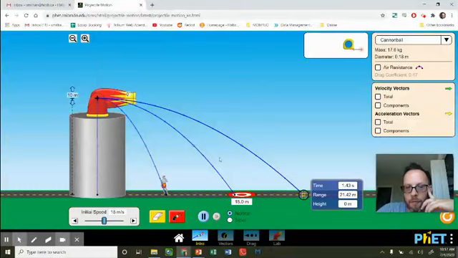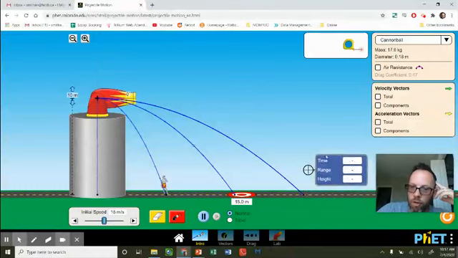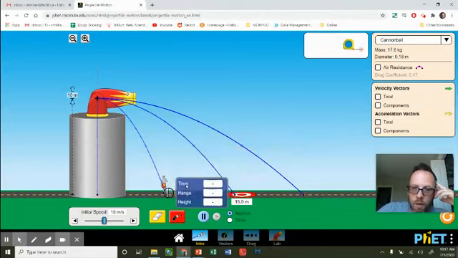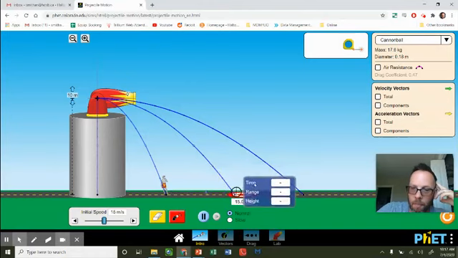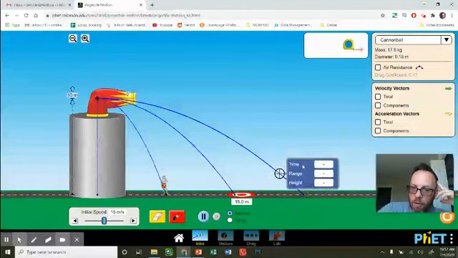And if we look at the horizontal motion, check this out. So in the first one, see if you can make a connection. With a speed of 5 meters per second, we had a range of about 7.14 meters. With an initial speed of 10 meters per second, we had a range of 14.28 meters.